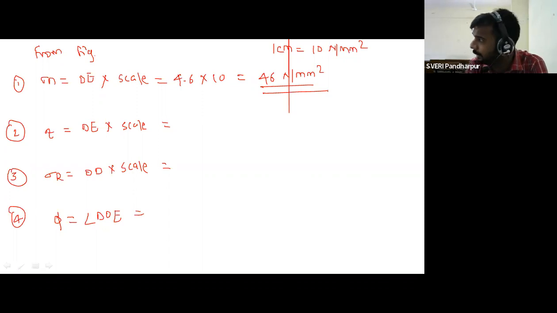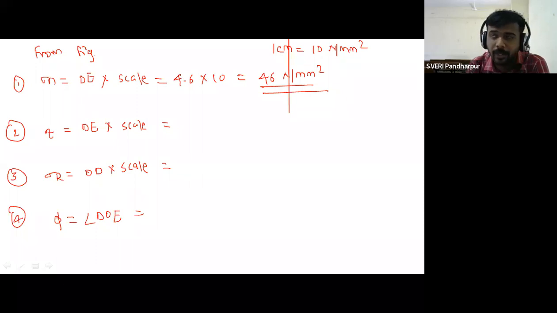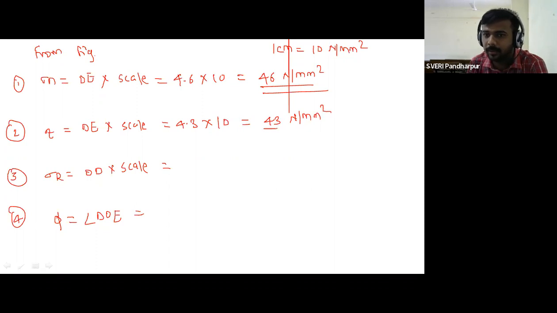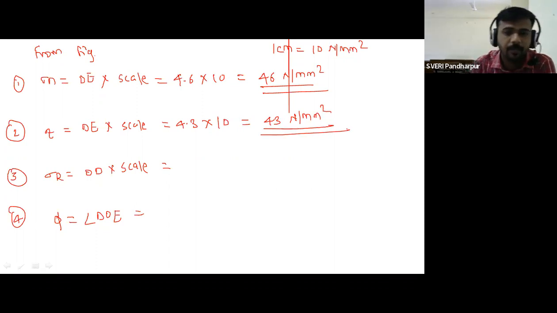Actually this answer should be the same, but due to some errors the answers are varying. So take the proper distances. I will take the average, 4.3 into 10, so it is equal to 43 Newton per mm square.